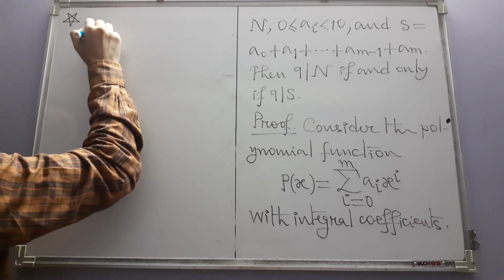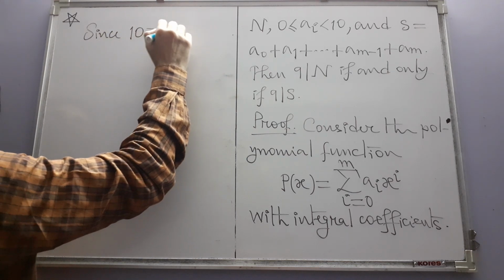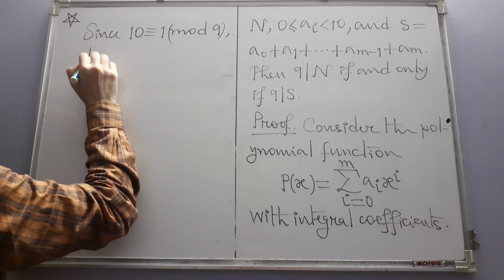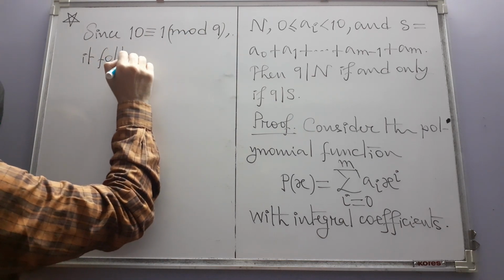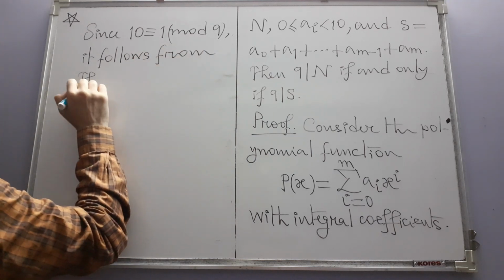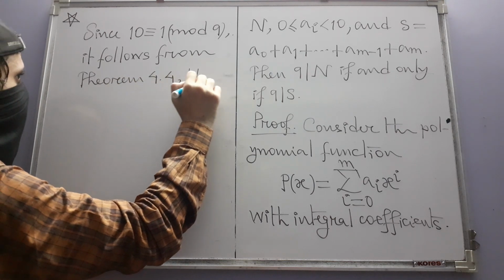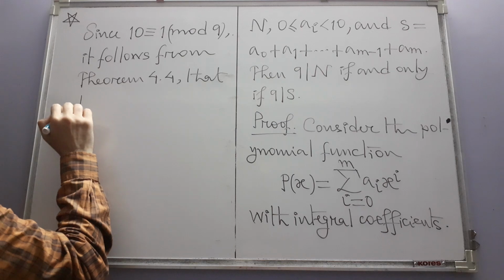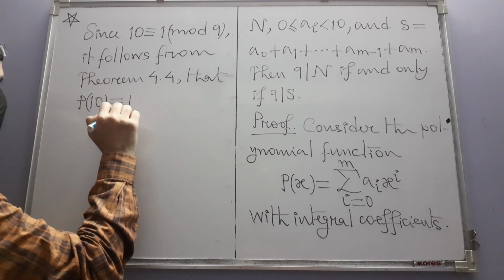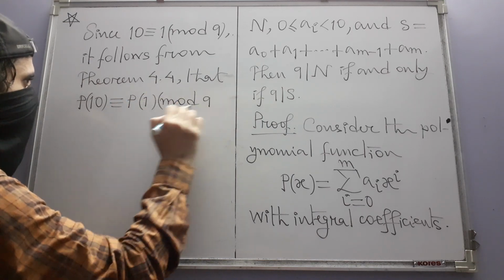Since 10 is congruent to 1 modulo 9, it follows from theorem 4.4 that P of 10 is congruent to P of 1 mod 9.